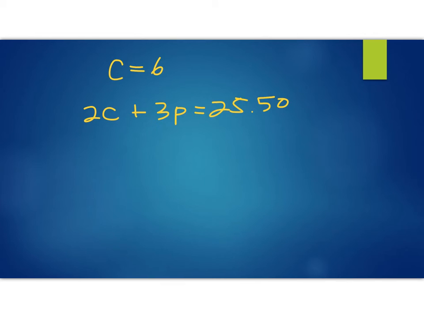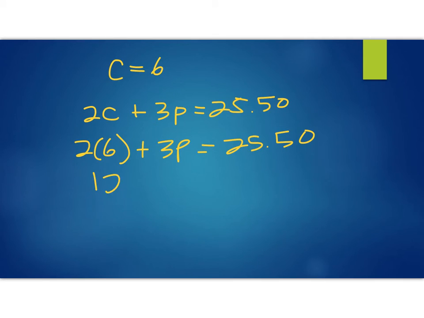I'm going to choose to plug that into the top equation, just because of the smaller numbers. So that's what it first looks like. 2 times 6, you get 12.